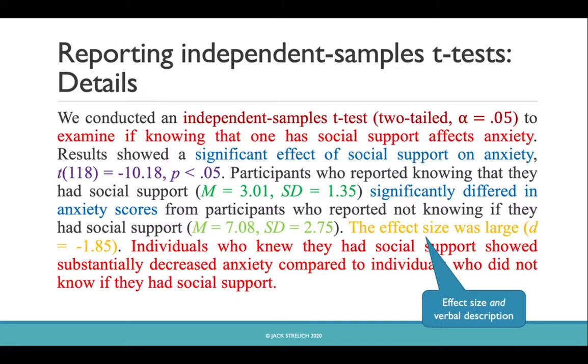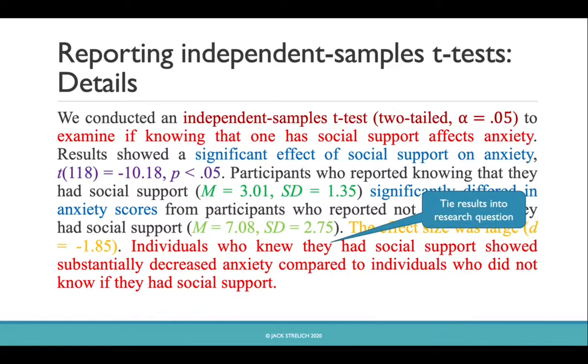We report the effect size along with a verbal description, so the effect size was large, d equals negative 1.85, and we conclude with a description of the results that ties them back into our research question. So, individuals who knew that they had social support showed substantially decreased anxiety compared to individuals who did not know if they had social support.